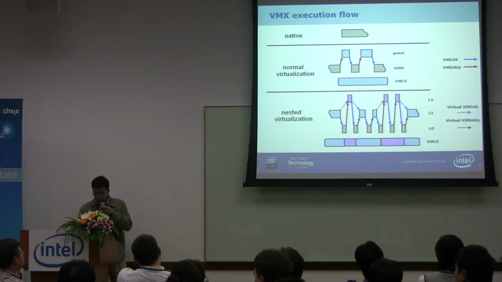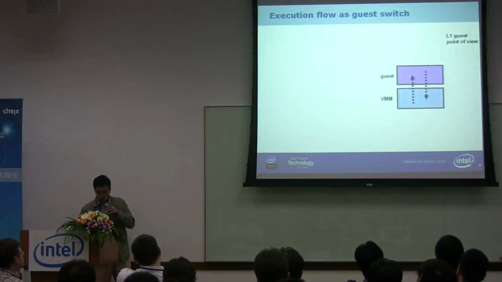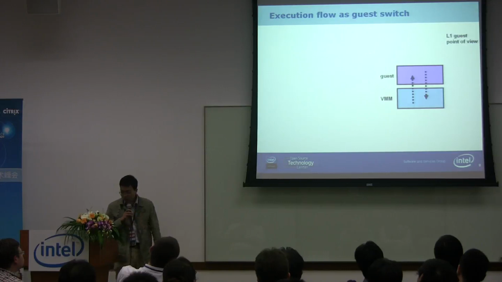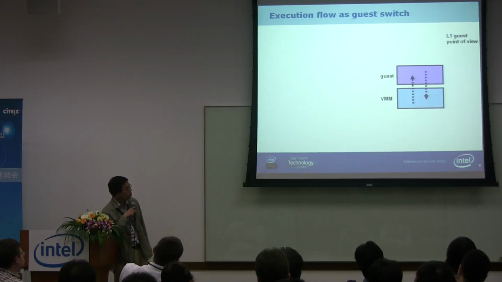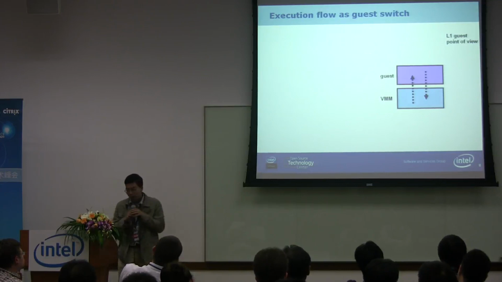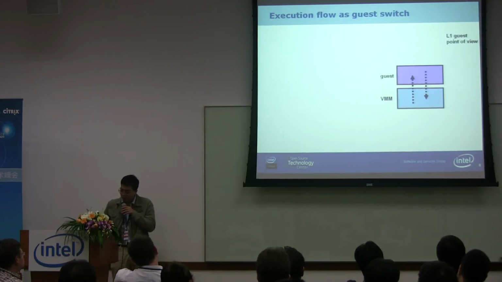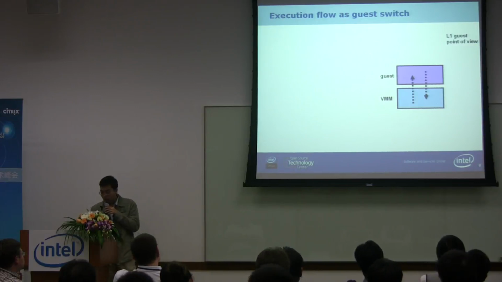So this is a timing view of the execution. We can also have a block view of it. Simply, these execution flow transitions can be considered as a lightweight guest switch. You can see here the nested VMM and nested guests in the level 1 guest pointer view.